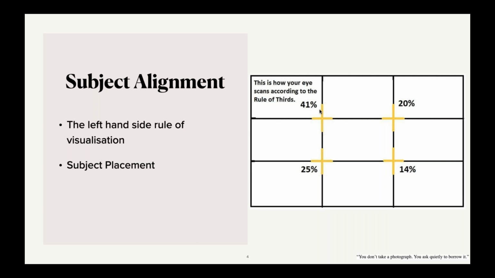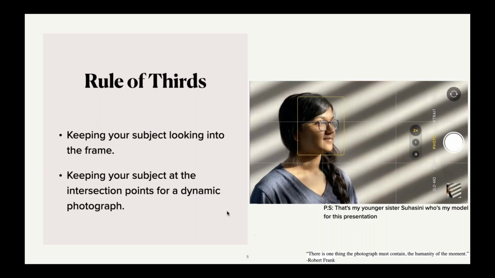So according to the left side rule of visualization, you should always place your subjects, may it be a person or anything, in the left top corner. It's not necessary for you to do it, but the picture becomes more appealing and it's a better image than the others. So this is the rule of thirds.